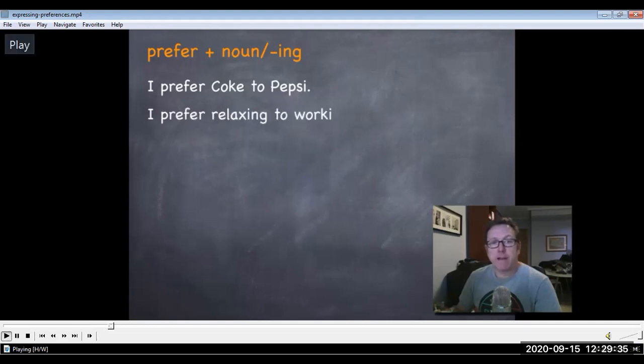I prefer relaxing to working. So this is the second example. This is the example of subject plus prefer plus ing form of verb, relaxing to working. Both are verbs with ing form. Or I prefer walking to jogging. Okay, expressing your preferences with a noun or ing.